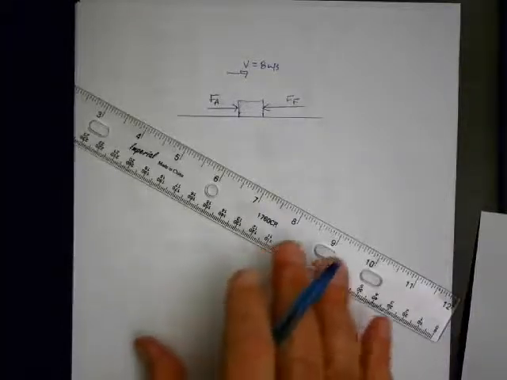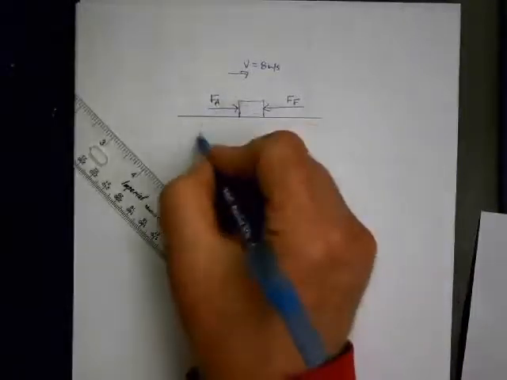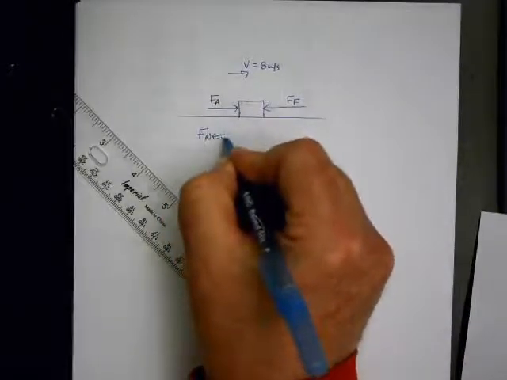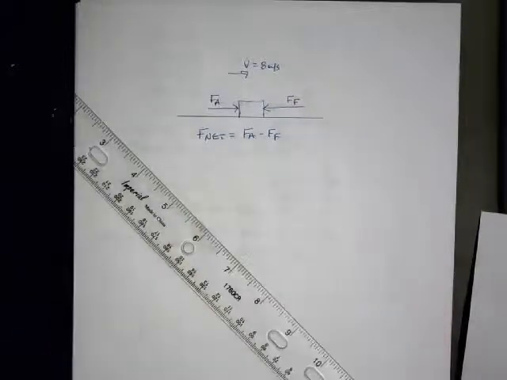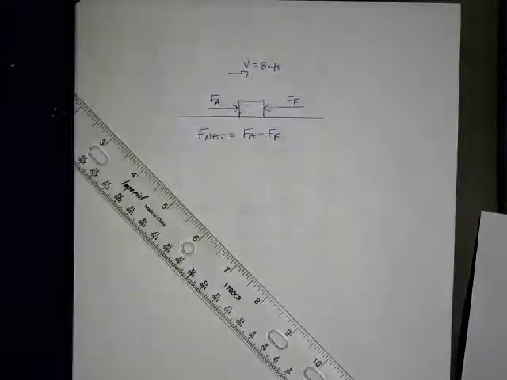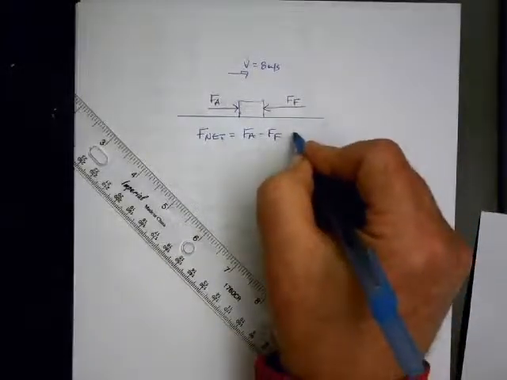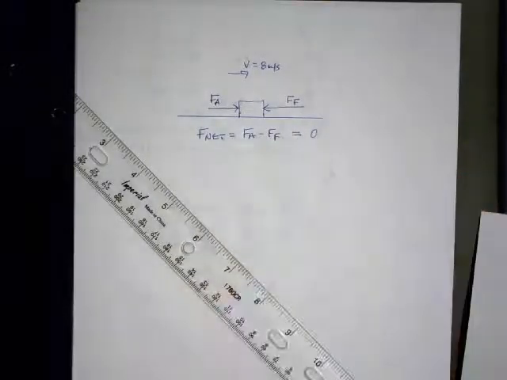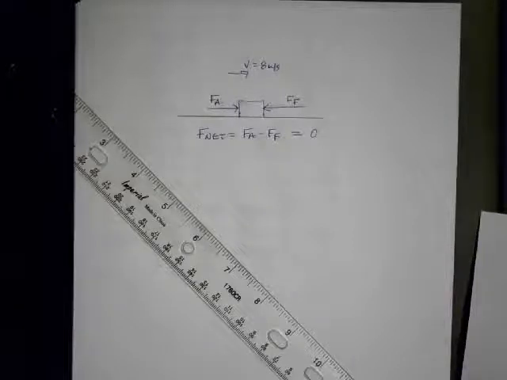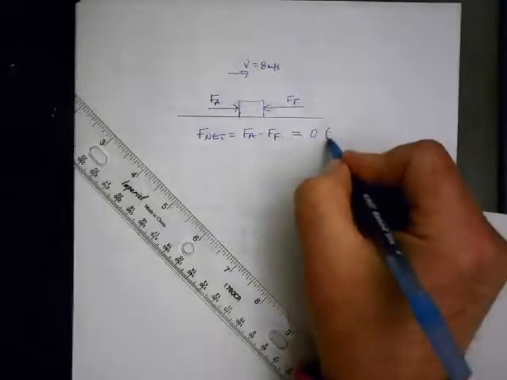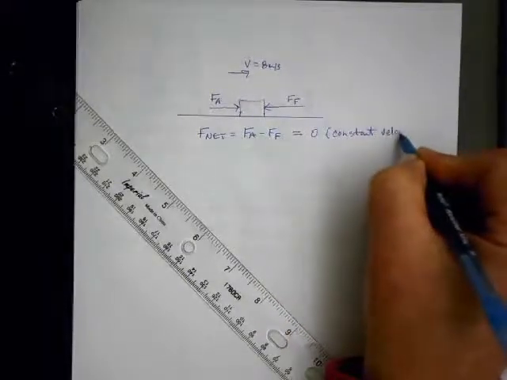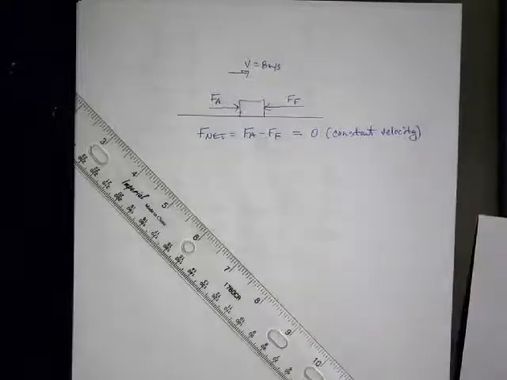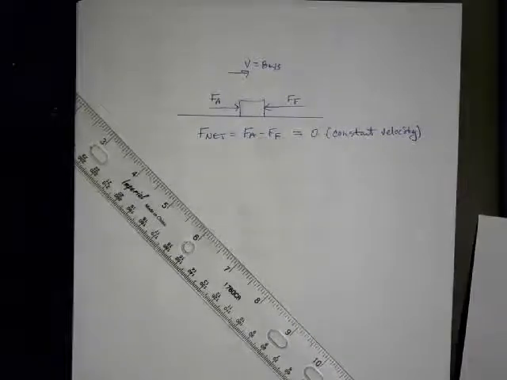Now, my F net is going to be that. But that has to equal 0. Why? I said I'm moving at constant velocity. If I'm moving at constant velocity, then I'm not accelerating.